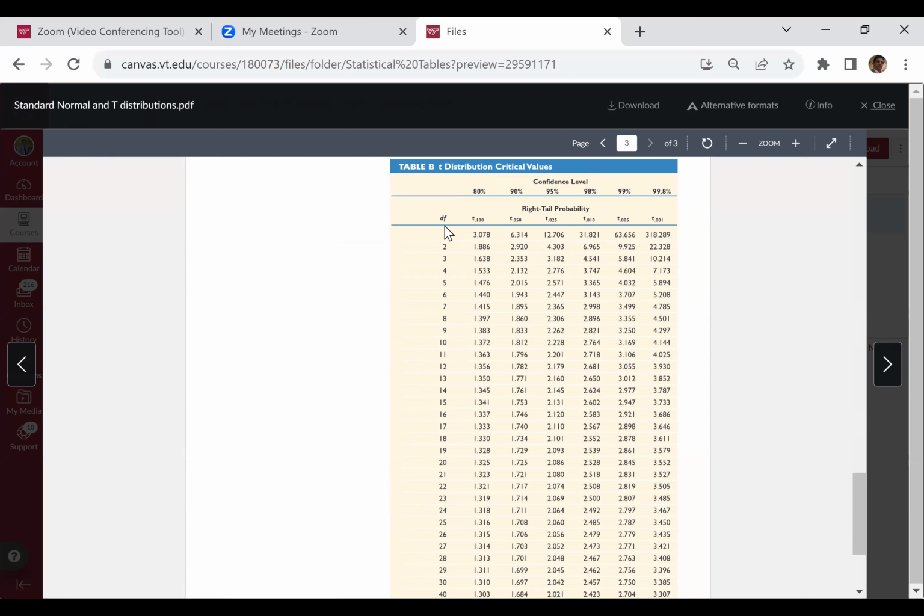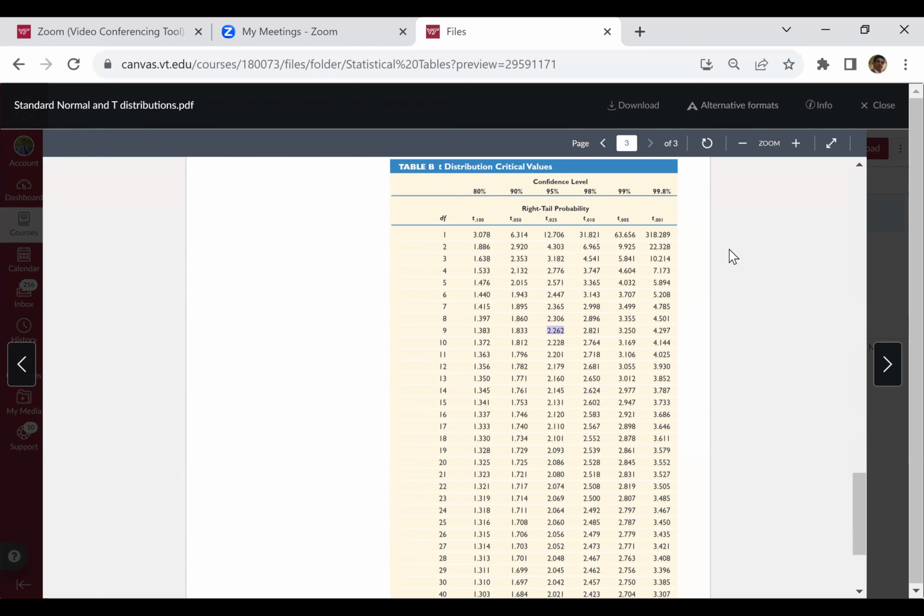Our degrees of freedom, 6 plus 5 minus 2, is 9. So this is 9, but there are many t values. We need the one which is at alpha over 2 is 0.025. So this is 0.025 and 9. So this is our t value for the confidence interval.